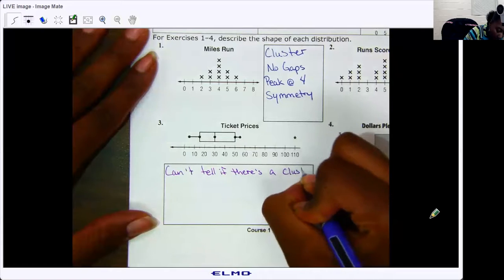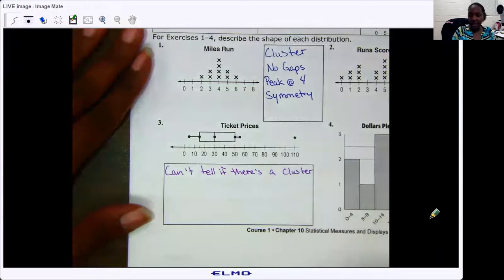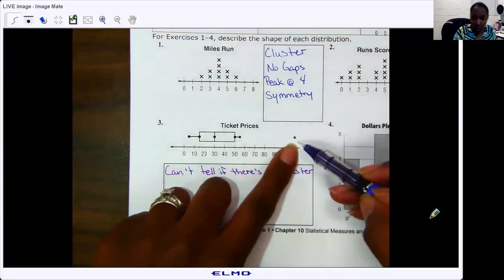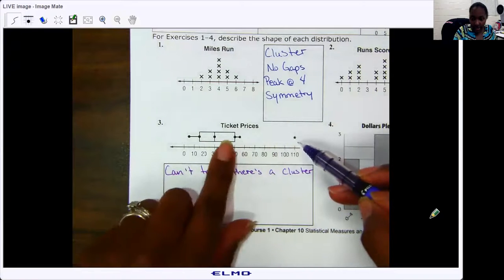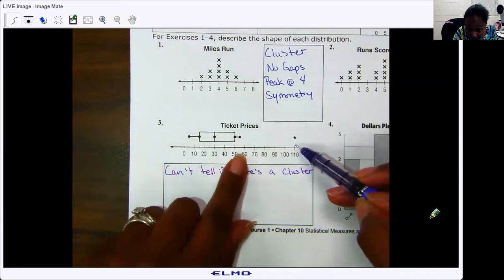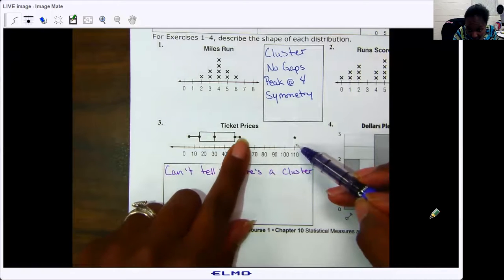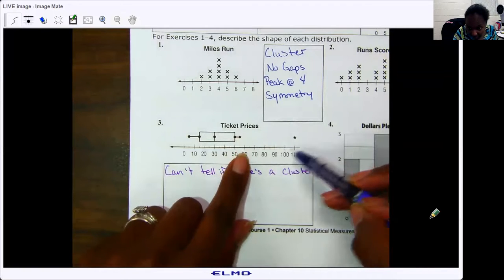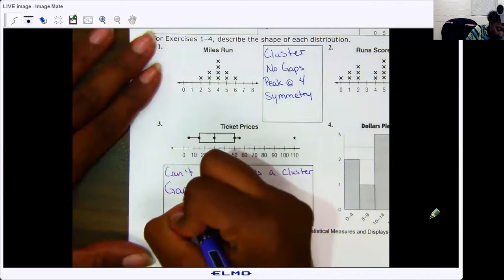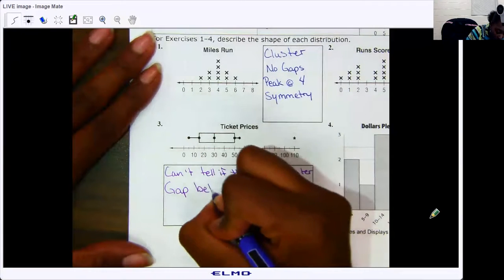All right, what about a gap in our data? It seems to be a gap because I have a star all the way out here and then everything else is over here.